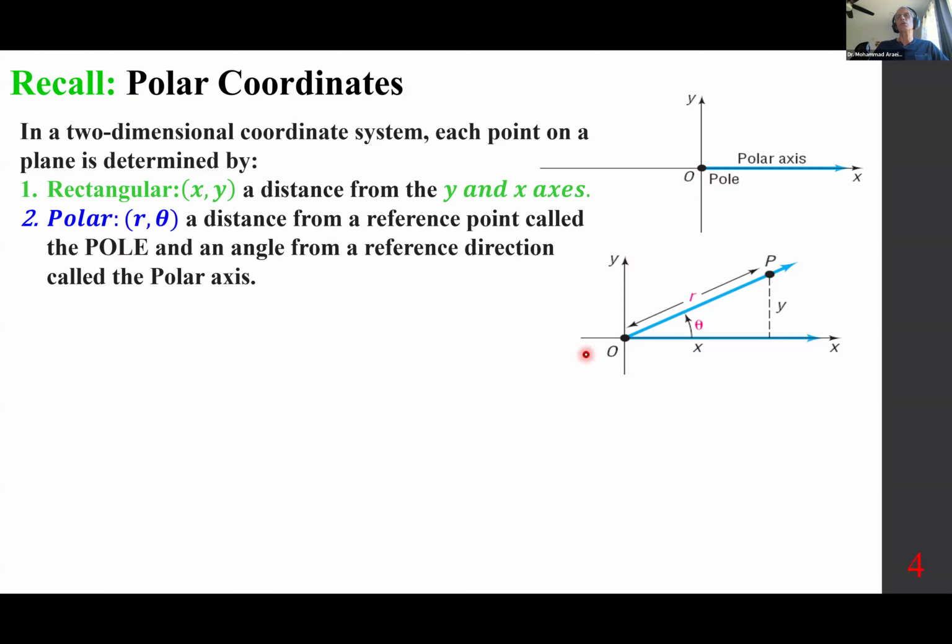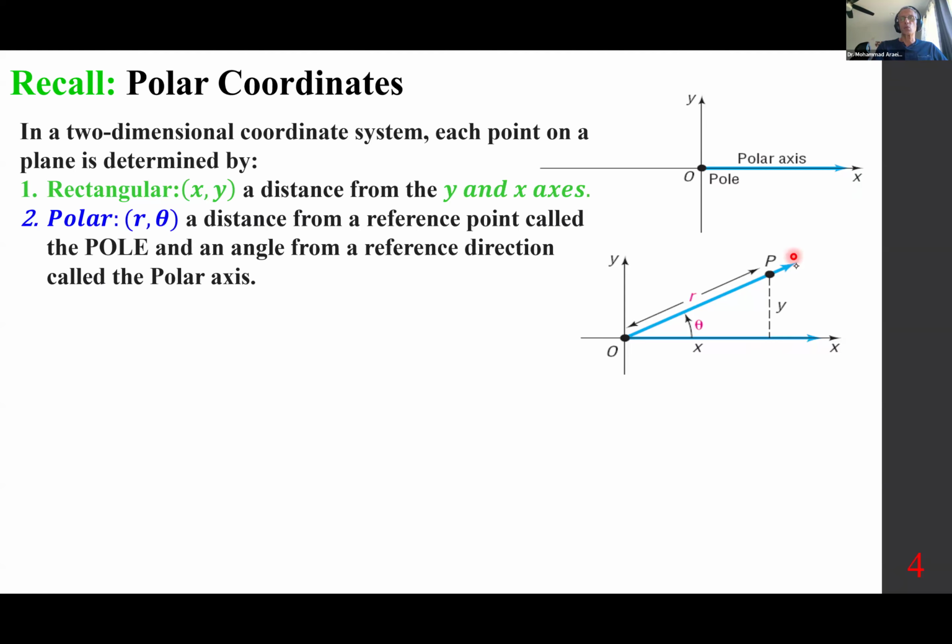If we put the two grids together, the origin is the pole, and the polar axis is along the positive x-axis. So r comma theta is a distance from a reference point called the pole, and an angle from a reference direction called the polar axis.